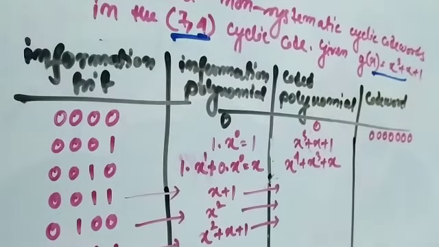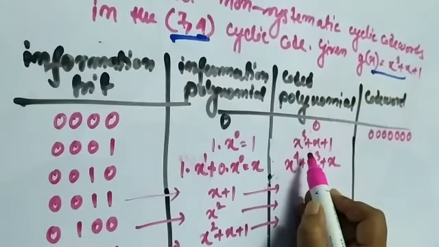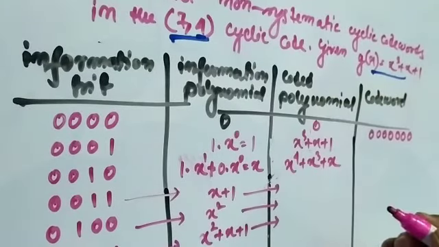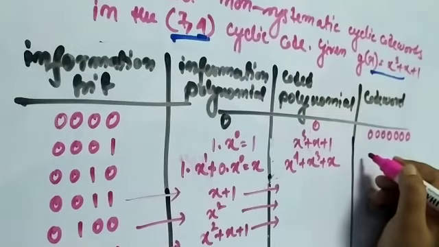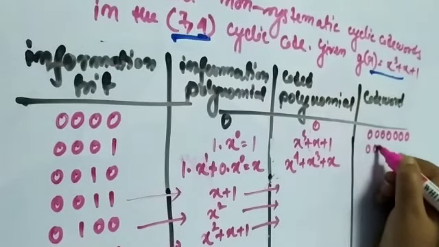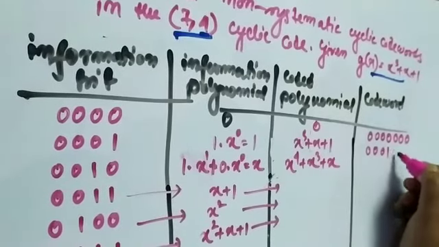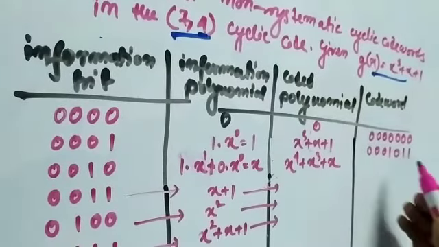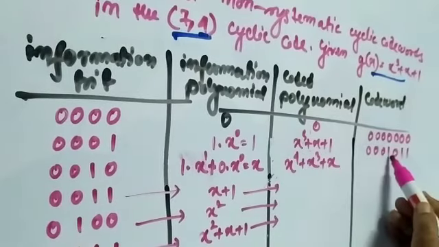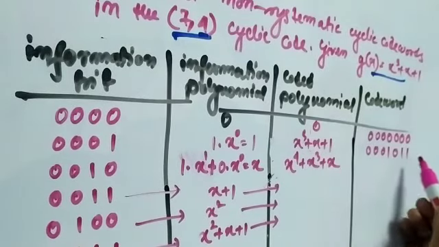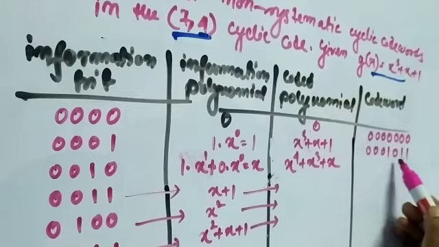In the next case, it will be x to the power 3, which means it will be 0, 0, 0, 1, 0, 1, 1. Note that x cube is here. It is 0, 1, 2, 3.